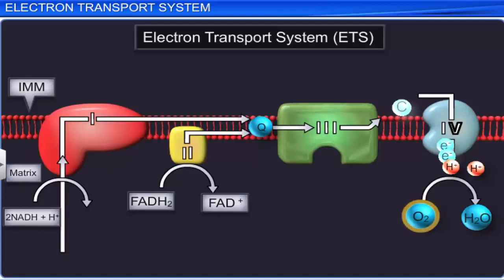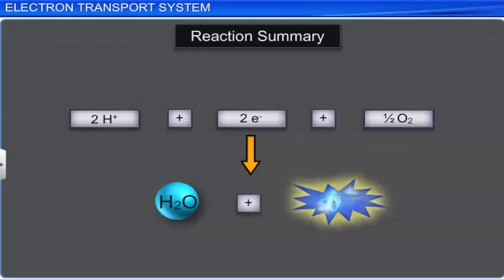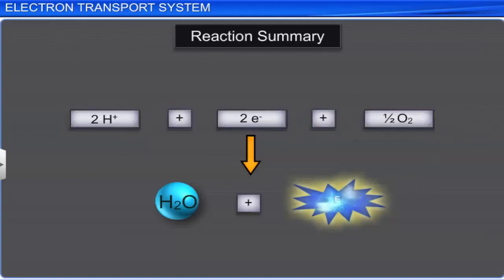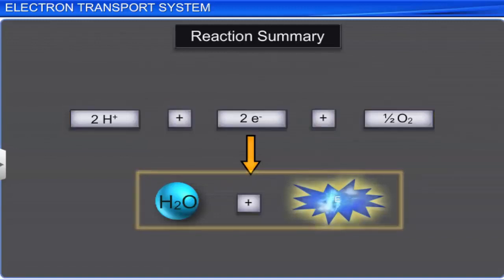Oxygen, on receiving the electrons, reacts with 2H+ ions and reduces to water and thereby drives the ETS. This reaction can be summarized as 2H+ + 2e- + 1/2 O2 gives H2O + energy.